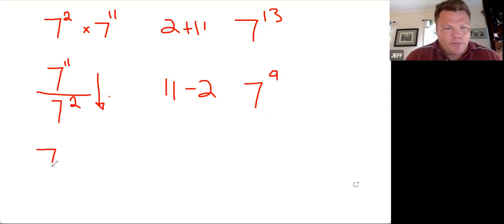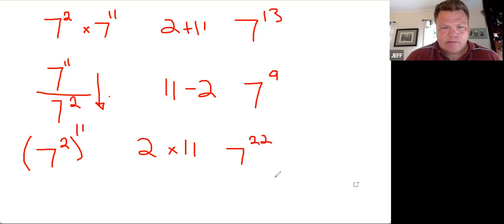If it's a power of a power, that is powerful. The little numbers multiply. Anything to the 0 is 1, because 0 is really an O.